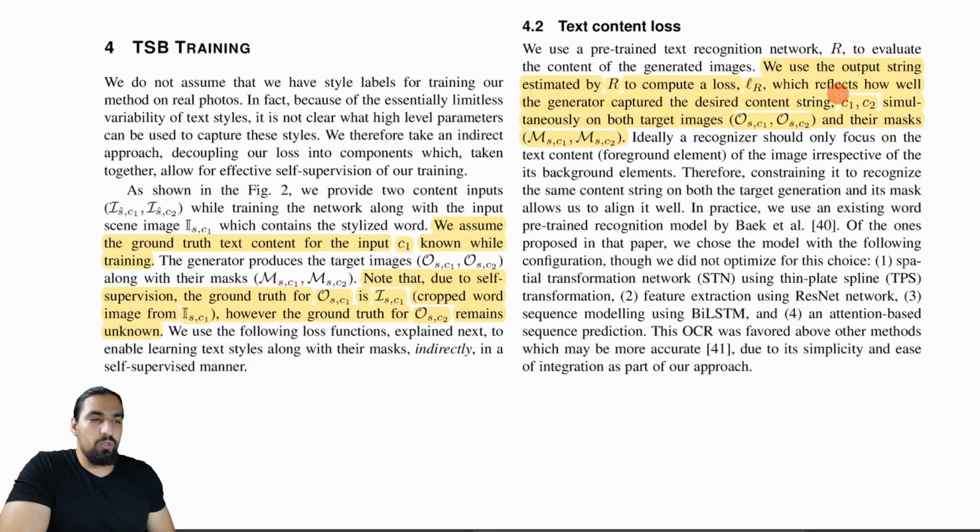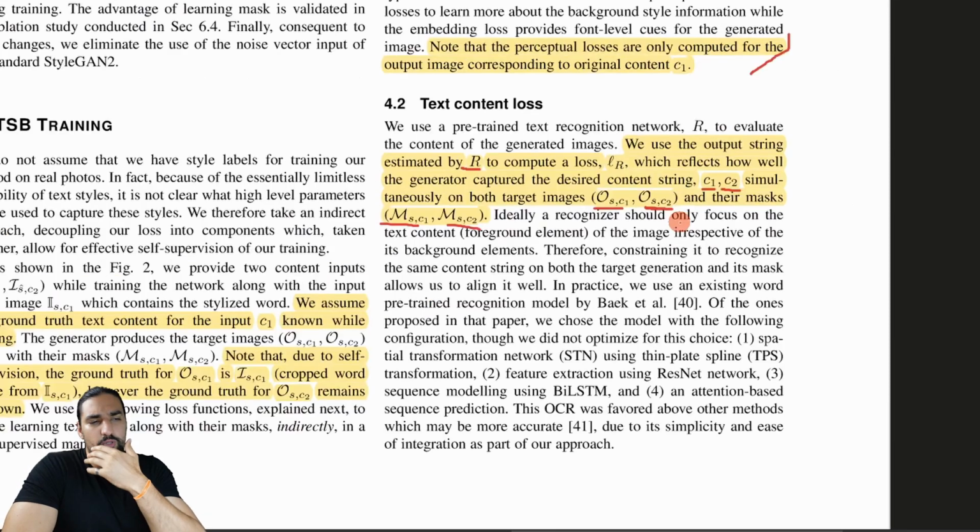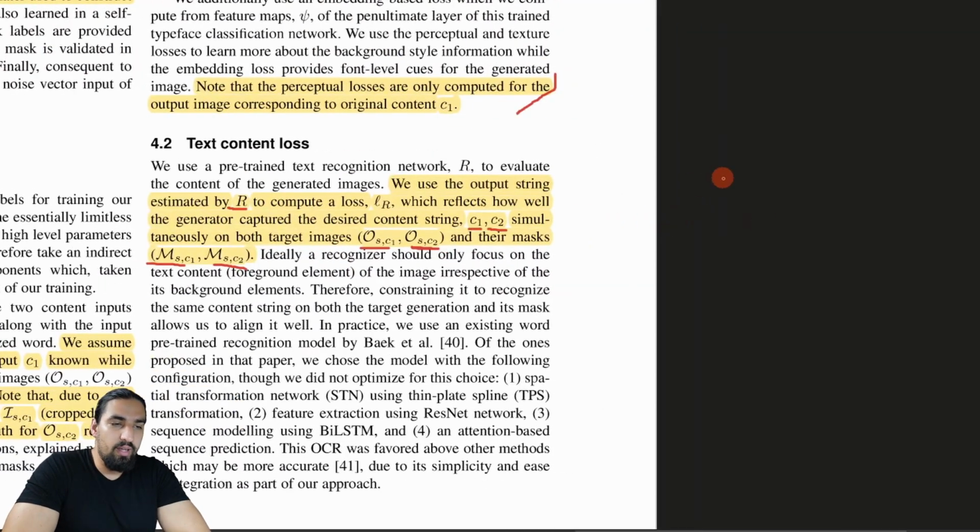We use the output string estimated by the recognizer module to compute a loss LR, which reflects how well the generator captured the desired content string C1, C2 simultaneously on both, as I said, so on both target images, on both the generated images and their masks. So how this will look is the following. Let's take an input image, and this is something we generated.